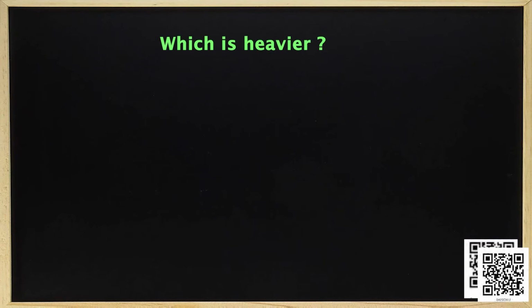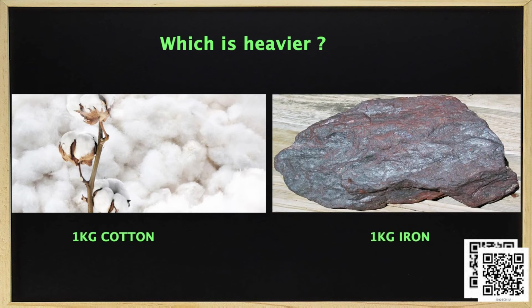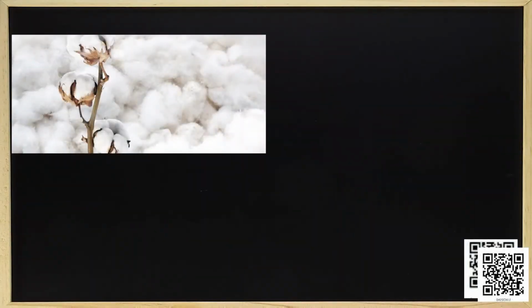The puzzle is, which is heavier, 1 kilogram cotton or 1 kilogram iron? Dear students, what do you think? Which is heavier, 1 kilogram cotton or 1 kilogram iron, and why? Think and try to find out which is heavier. Okay, I will help you.